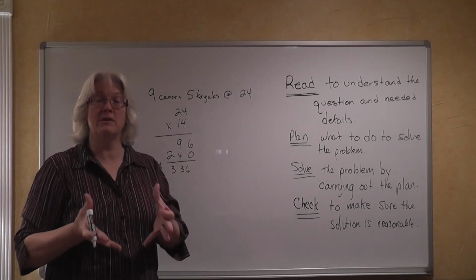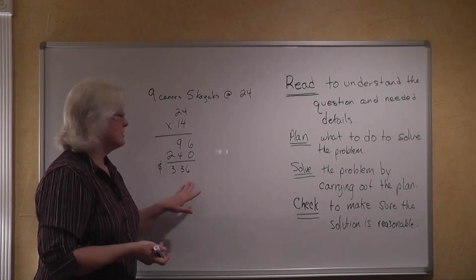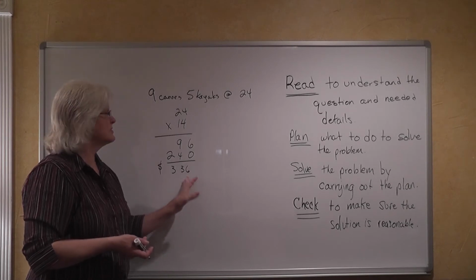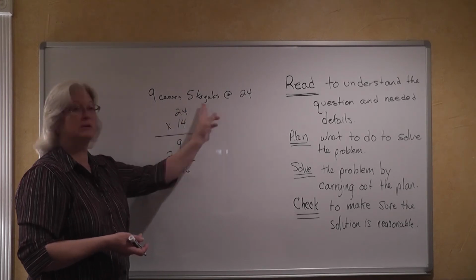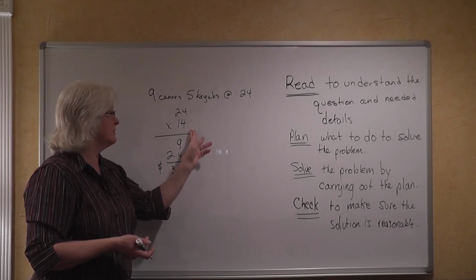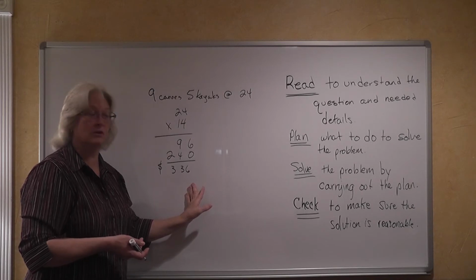The most money that he can possibly make in a day from his boat rental is $336. That's if he has 9 canoes and 5 kayaks rented for a total of 14 boats rented. 14 times 24 is $336.